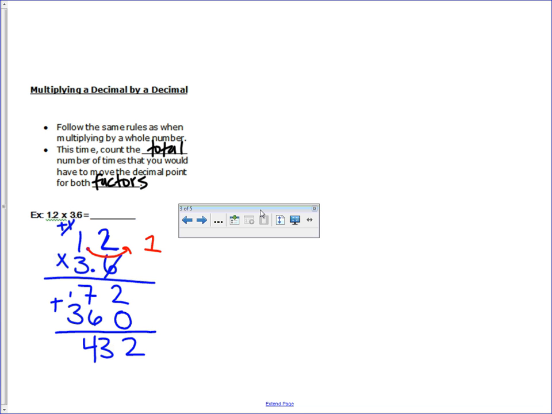In order to make 3.6 into a whole number, I'm moving it one time. So I'm going to have a total of 2 places. Now going down to my product line, I'm starting in the back, and I'm going to move it over 2 times. So my answer is 4.32.